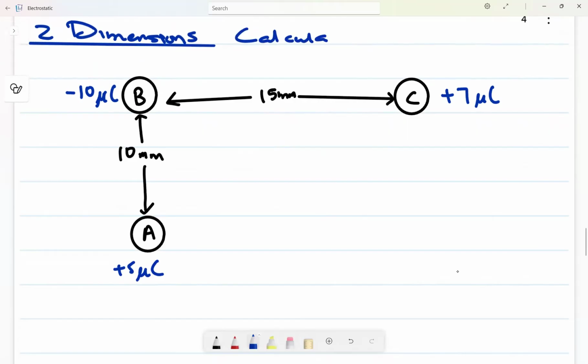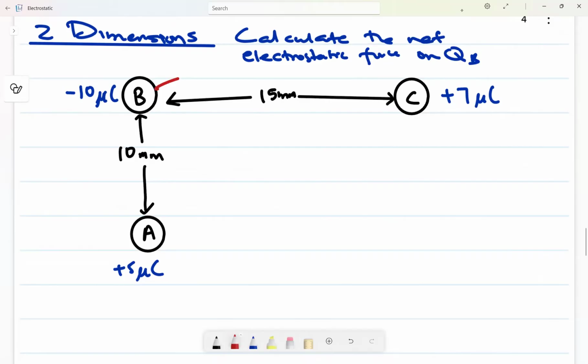Calculate the net electrostatic force on QB. Okay, so we want to know exactly the electrostatic force, the net, because it is the force that it experiences due to C, and also a force that it experiences due to A, I mean.